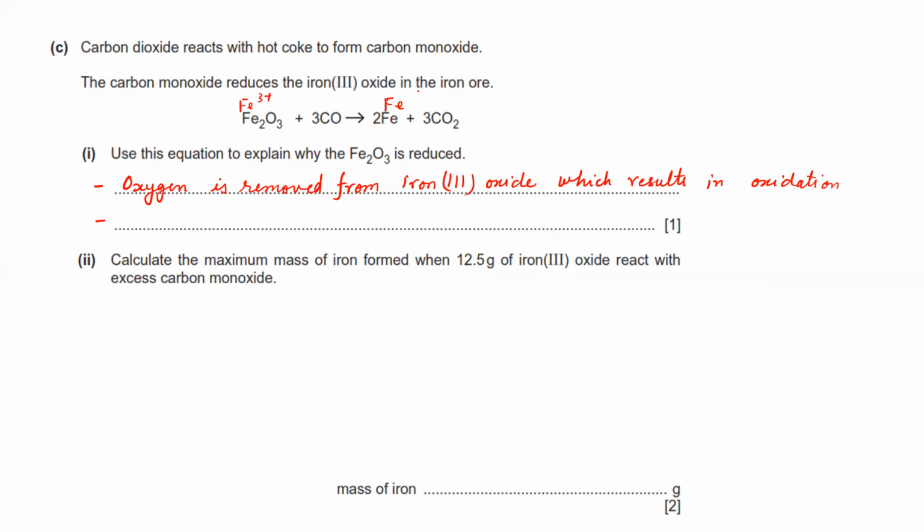So iron has gained 3 electrons for Fe3+ to become Fe, and gain of electrons is also reduction.